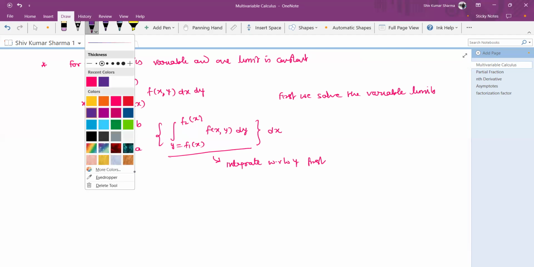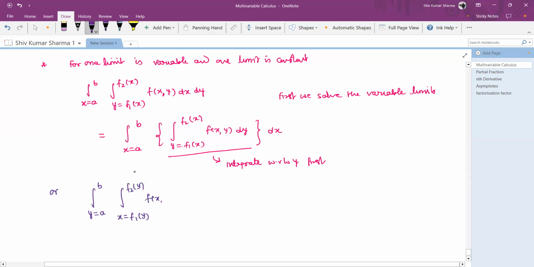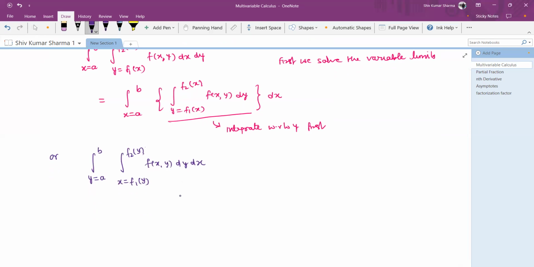Now the second case may occur in this form. Suppose the y limit is constant: y from a to b, and x from f1(y) to f2(y), f(x,y) dx dy. Here the limit of x is variable in terms of y, and y is constant.